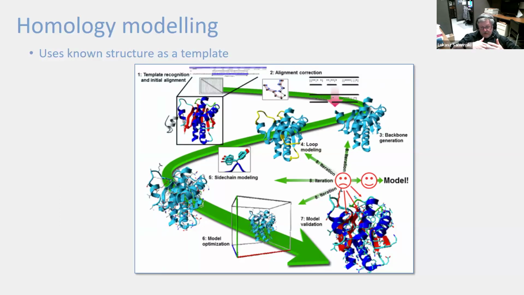And then once you've got the loops in, you can try to actually start optimization of how individual side chains are packing within the protein core, and how the loops are actually shaped.